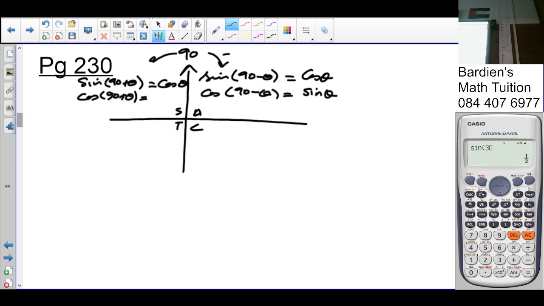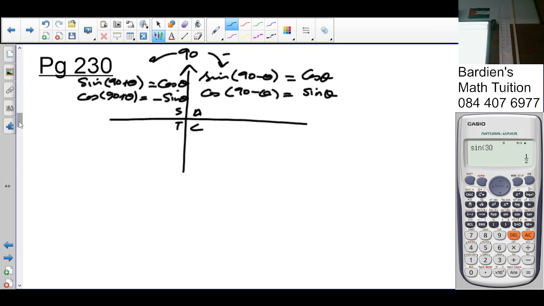Although it changes to cos, it's going to be positive, because the original state is sine, which is positive. If we look at the next one, cos of 90 plus theta, which quadrant is that in? Quadrant 2. Is cos positive or negative in the second quadrant? It's negative. Although it's changing to sine, it's going to be negative sine.